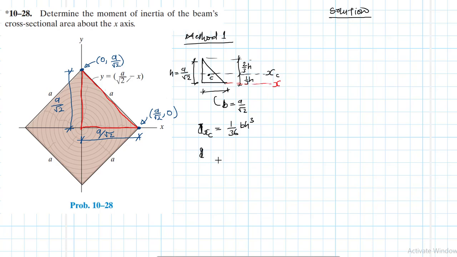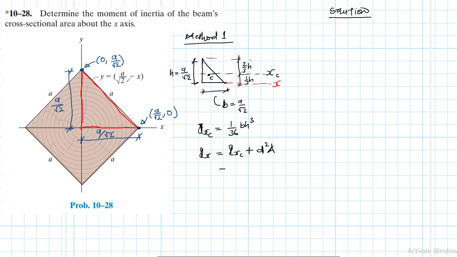So the moment of inertia about the x-axis will be equal to the moment of inertia about the centroid axis plus the distance from the axis where we want to find the moment of inertia, d squared, times the area of that particular shape.